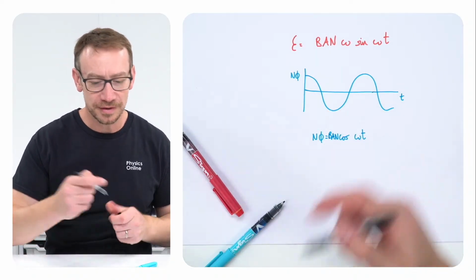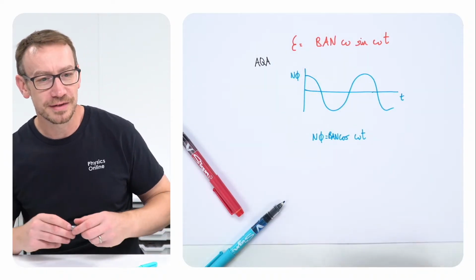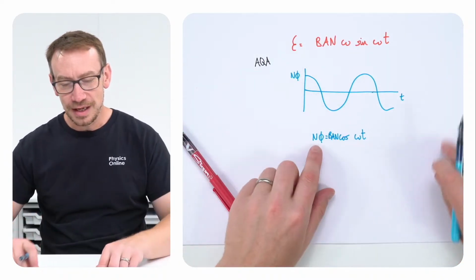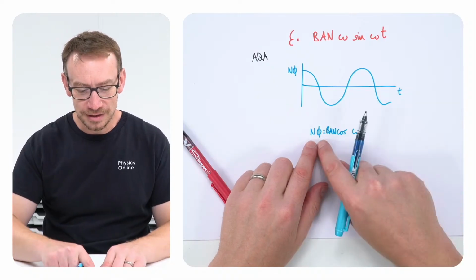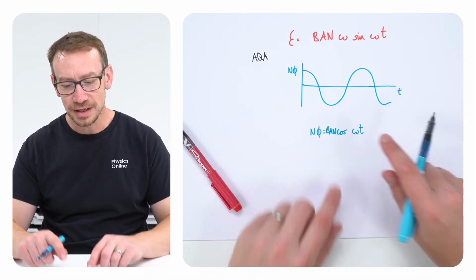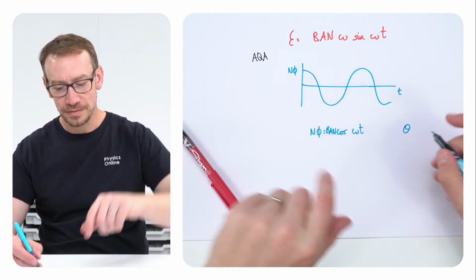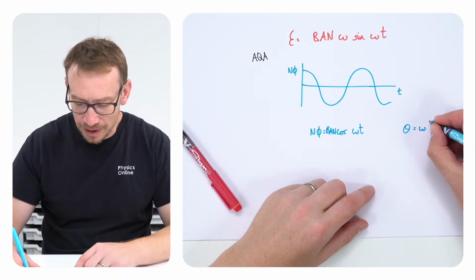By the way, for anybody who's now stressing, this comes up in AQA, it's not in OCR or Edexcel. The total magnetic flux linked is BAN cos omega t, where the angle it has rotated through is equal to omega t.